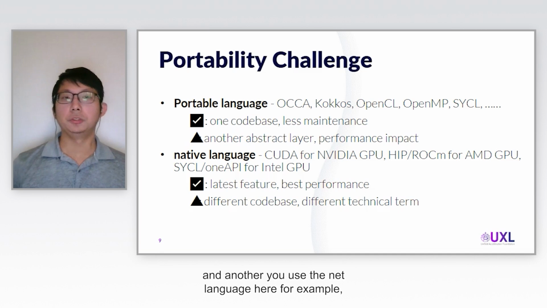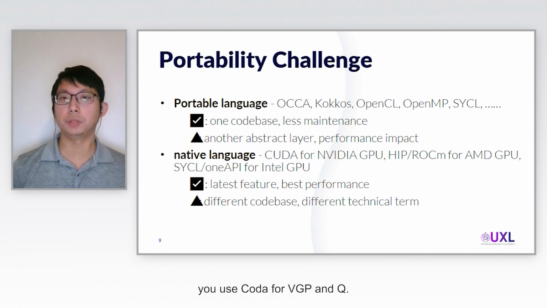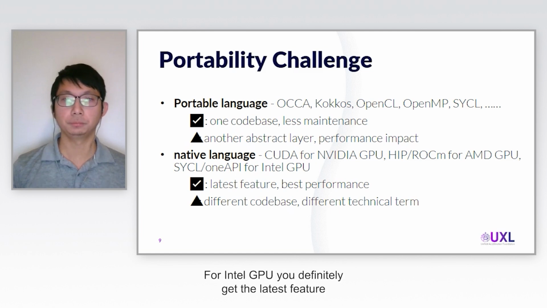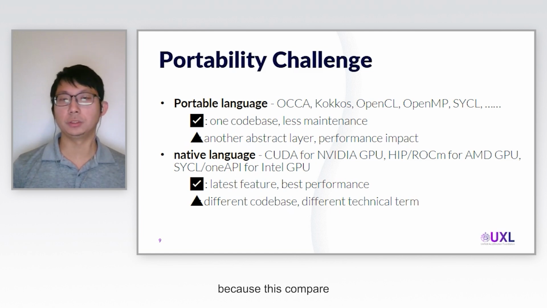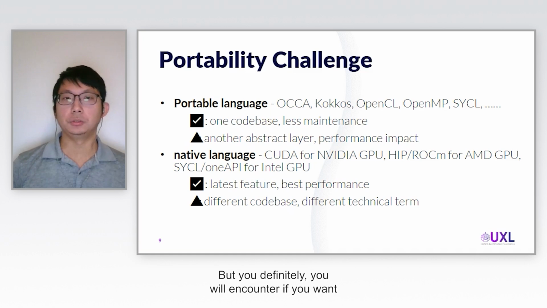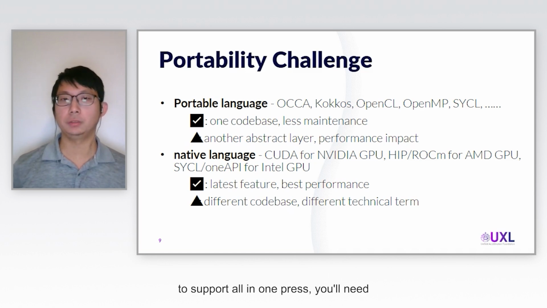Another way is to use the native language. For example, you use CUDA for NVIDIA GPU, HIP for AMD GPU, and SYCL for Intel GPU. You definitely get the latest features, because the compiler and ecosystem are supported by the vendor directly, and you should get the best performance. But if you want to support all in one place, you need to maintain different code bases.